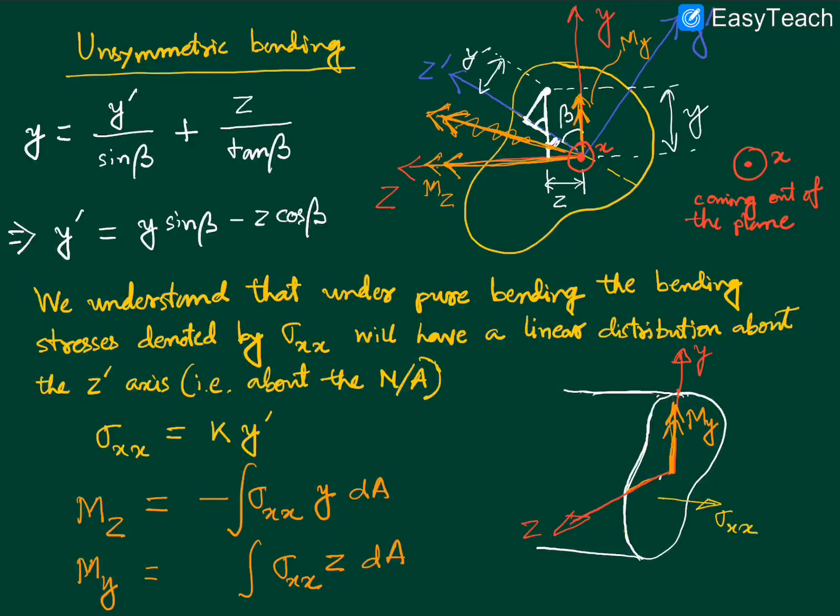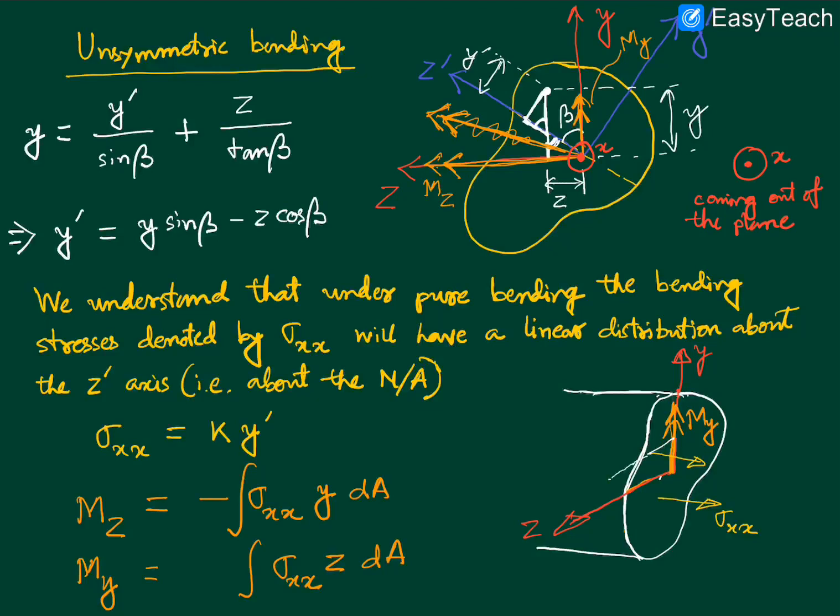And my sigma xx, just like before, is like this. Now the moment arm for this about the y-axis would be given by this z. So this is my z.